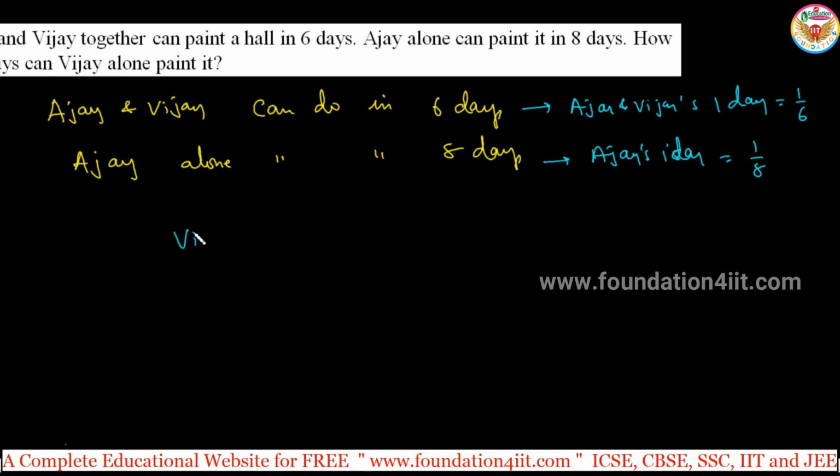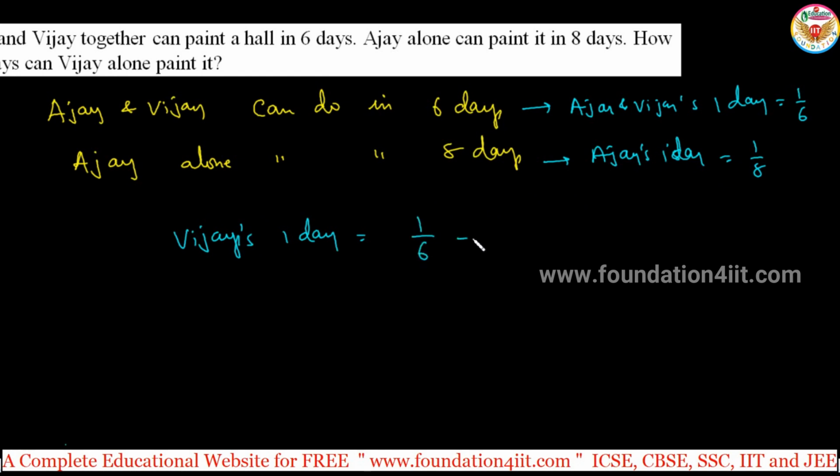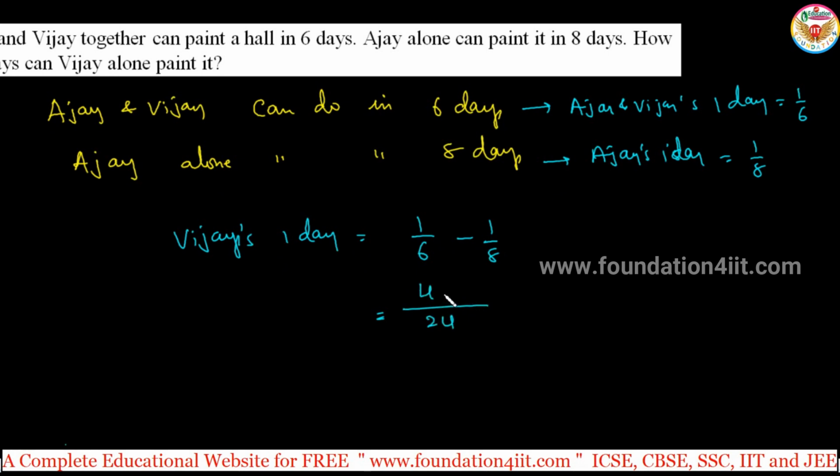If you want Vijay's 1 day capacity, from the together figure subtract Ajay's. So 1/6 minus 1/8, then you can find out only Vijay's capacity per day. Simple, right? 1/6 minus 1/8, take the LCM, 24. This is 4 minus 3, so 1/24. Only Vijay can do 1/24 in 1 day.